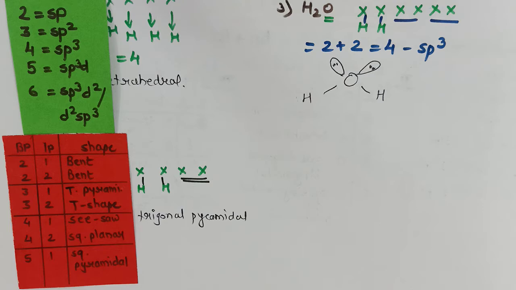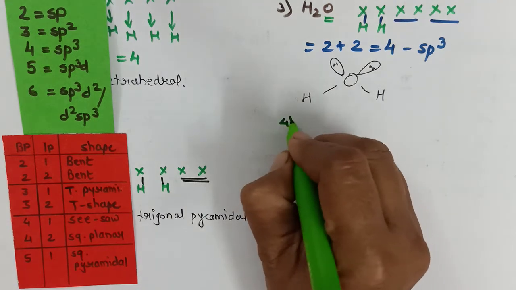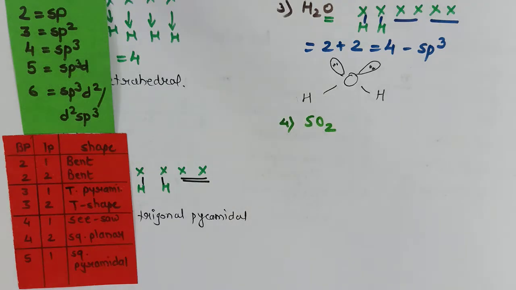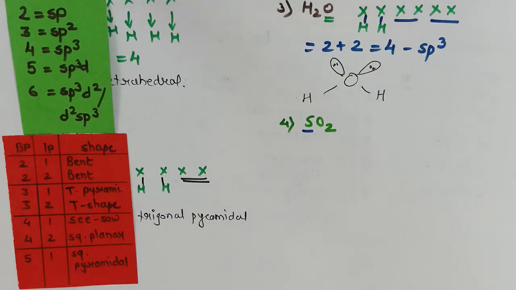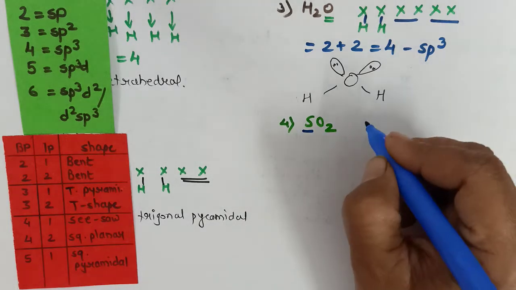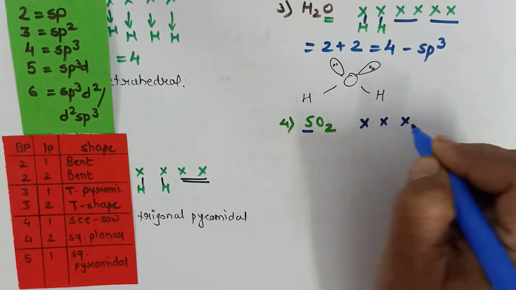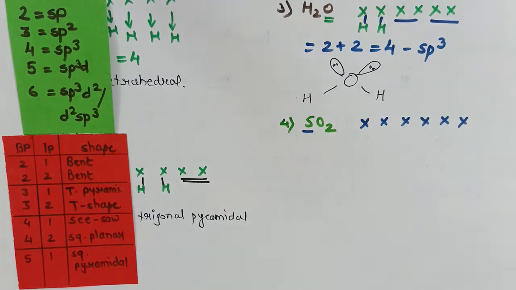Moving on to the next example, that is sulfur dioxide. In sulfur dioxide, obviously sulfur will undergo hybridization. Again, let us first calculate the number of valence electrons in sulfur. They are 6. Now, out of these 6 valence electrons, oxygen will use some electrons for forming bonds.